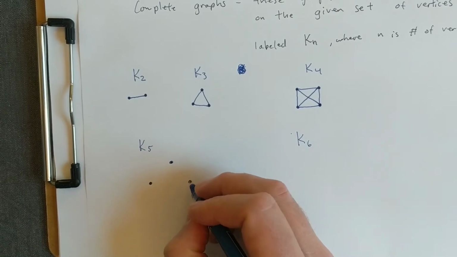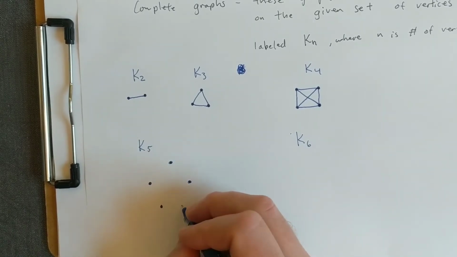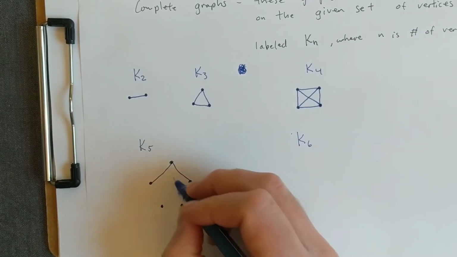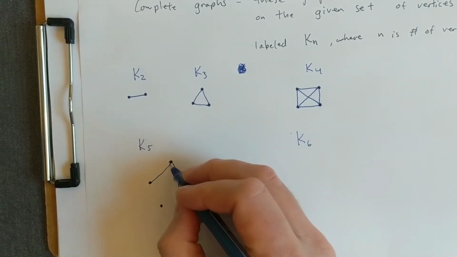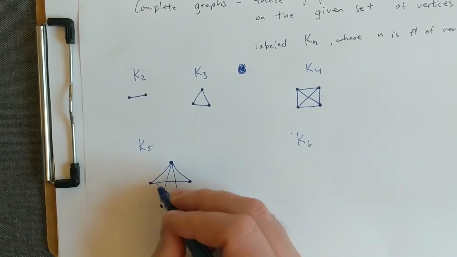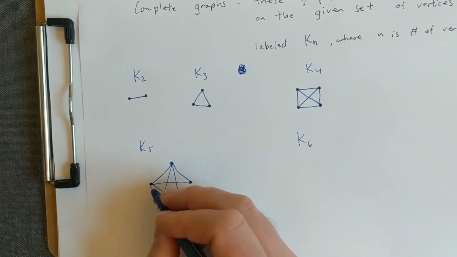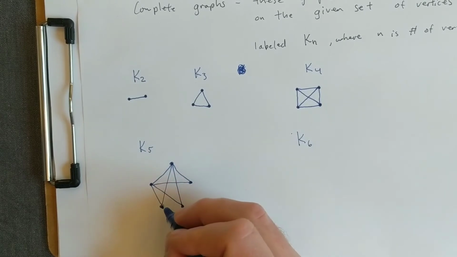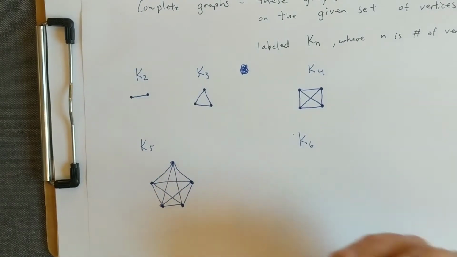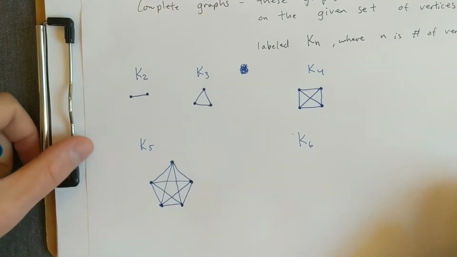I'm just going to organize these like a regular polygon, so like a pentagon. So I'm going to connect this one to all possible vertices, connect this one to all possible vertices, connect this one to the rest, and then connect this one. So notice each vertex is connected to all the other ones.